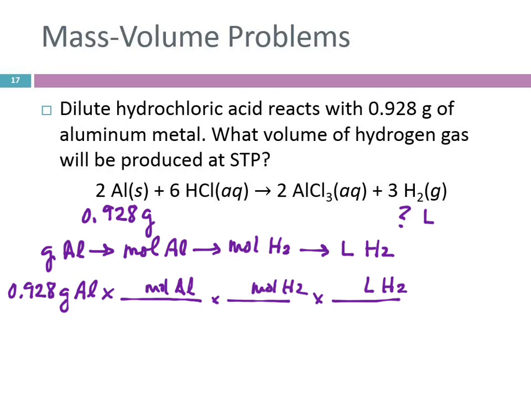And then sometimes I get tired going left to right, so I go right to left on the bottom. I hope that doesn't bother anybody. Those will cancel out. These will cancel out. And this is grams of aluminum. And those cancel out. Everybody okay with that?